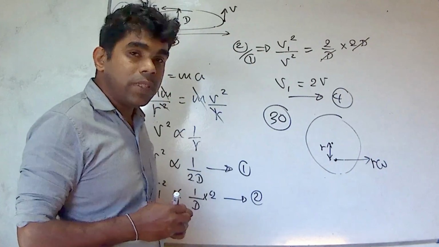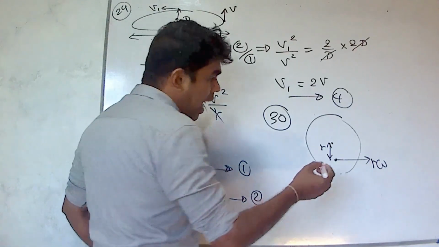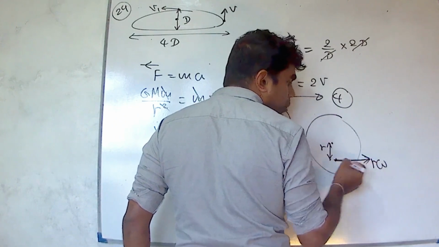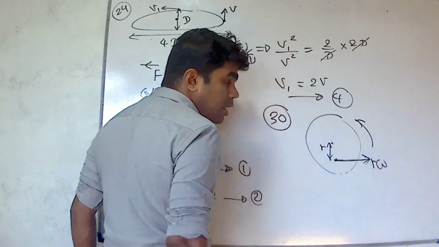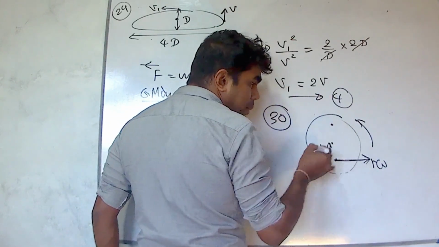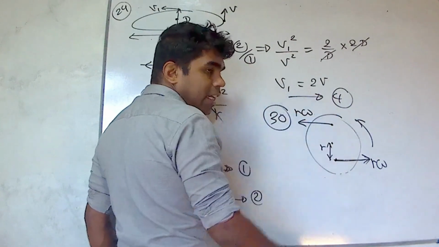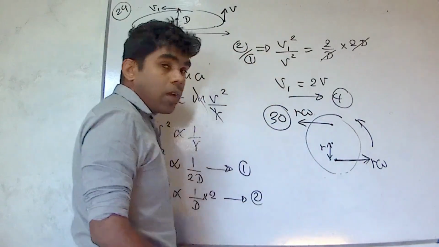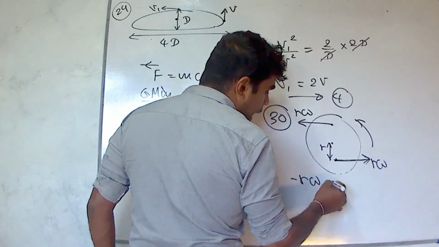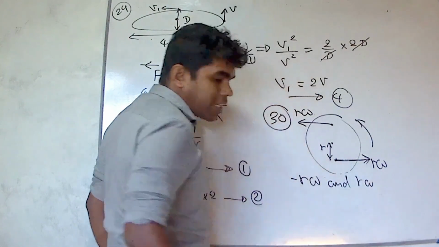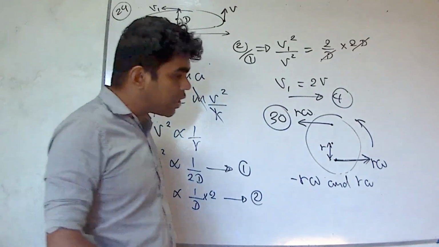R omega depends on the position, because if it is at this position, the velocity should be r omega in this direction when the tire rotates, but if the sand particle is in this place, it is r omega in the opposite direction. Then the velocity value should be between minus r omega and r omega. Then the answer is 4 for question number 30.